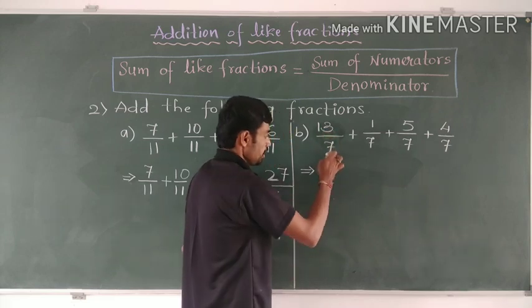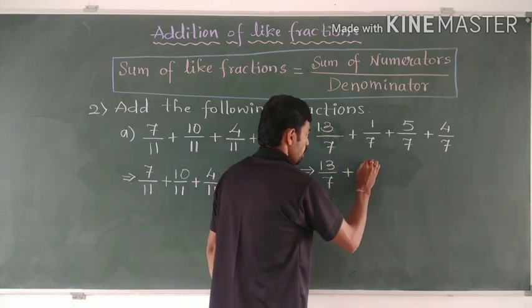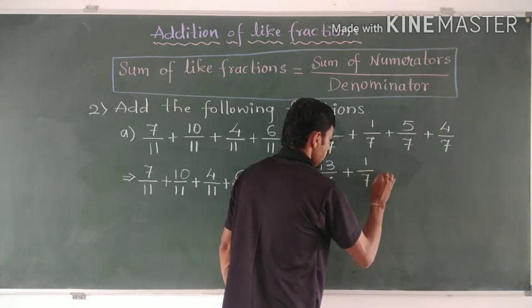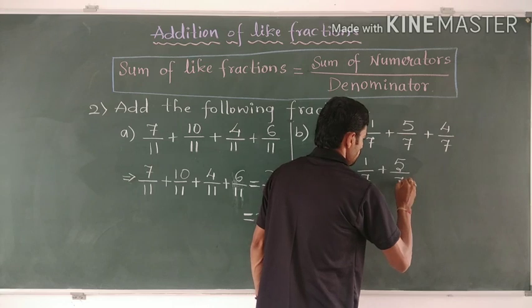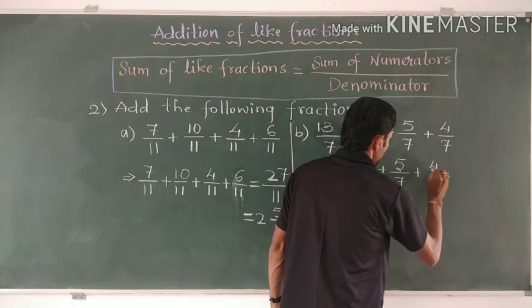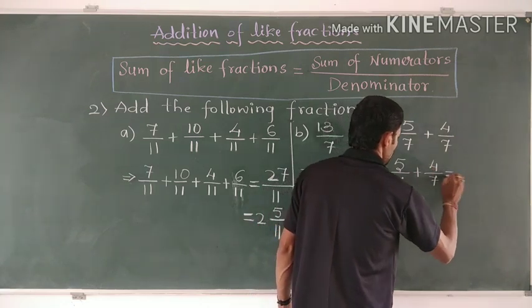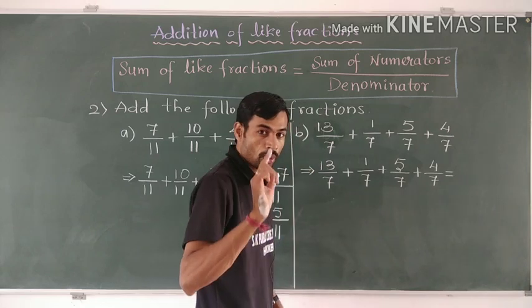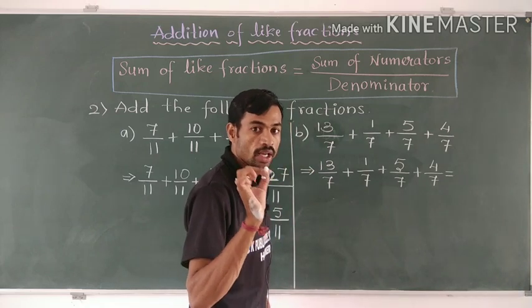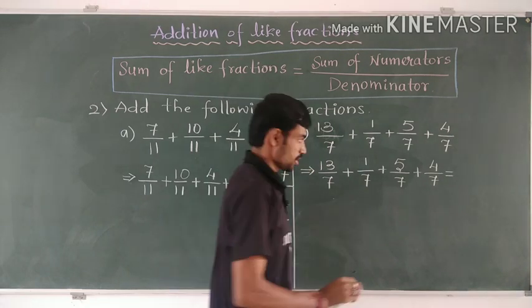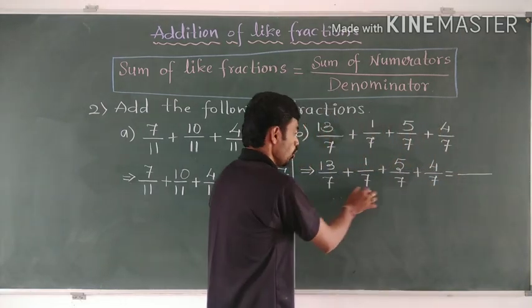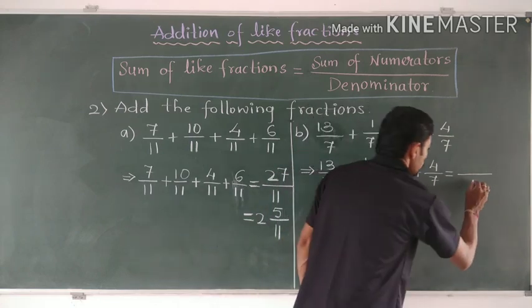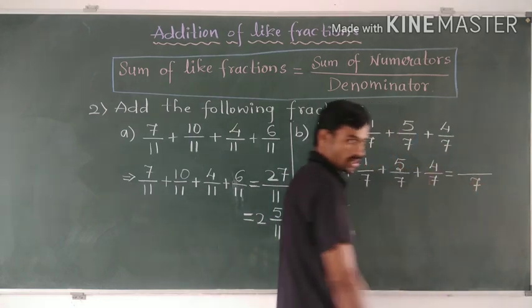That is 13 by 7 plus 1 by 7 plus 5 by 7 plus 4 by 7. So here what do we have to do? We have to add only the numerators, and the denominator you need to write as is.